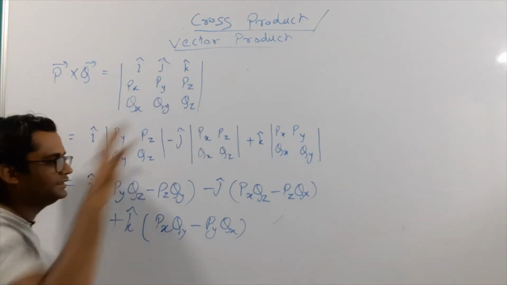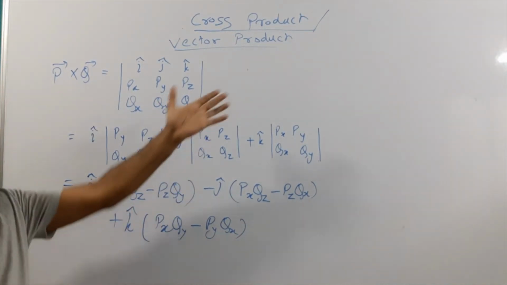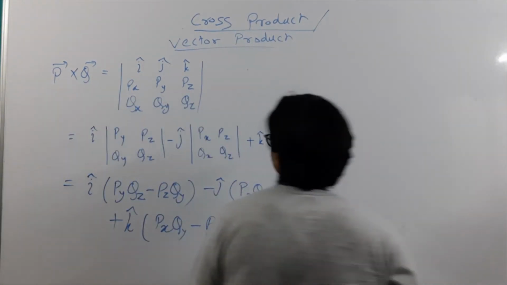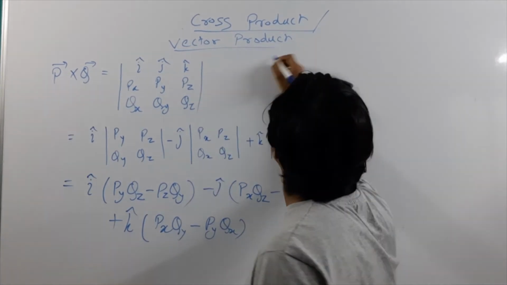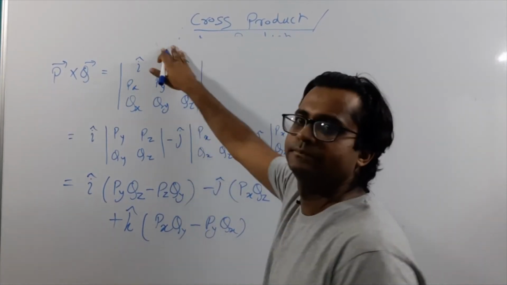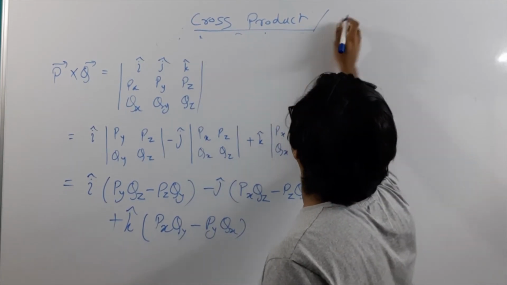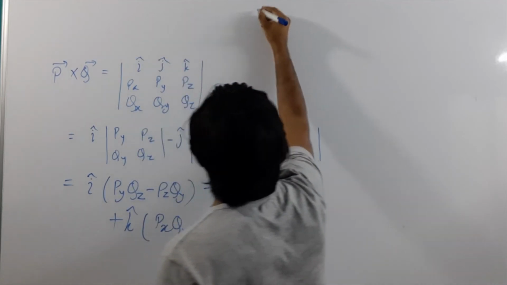In that way we will prove it. So this step is very important for us, so we'll write this step separately over here, only for our reference, and then we will use this step in our derivation.